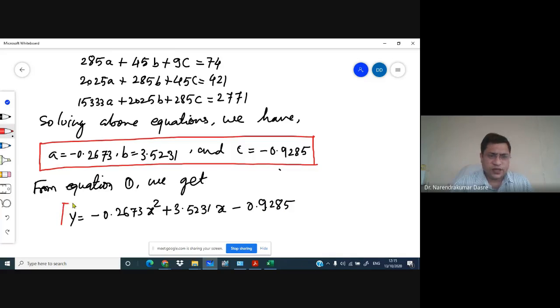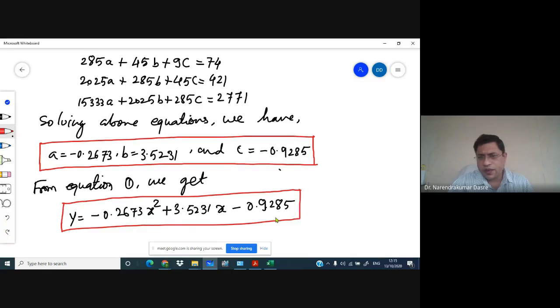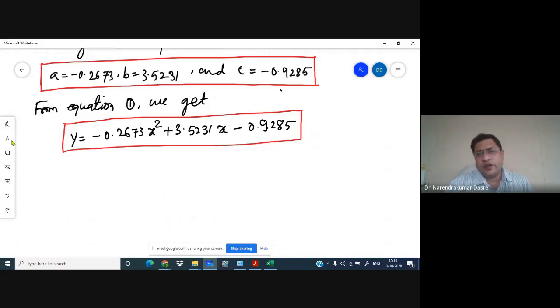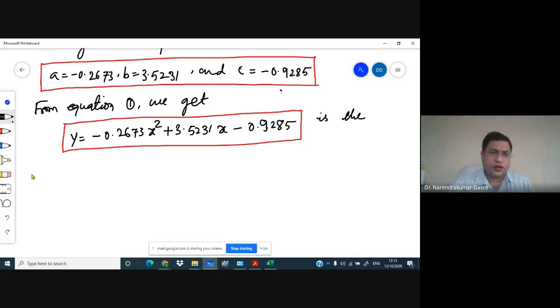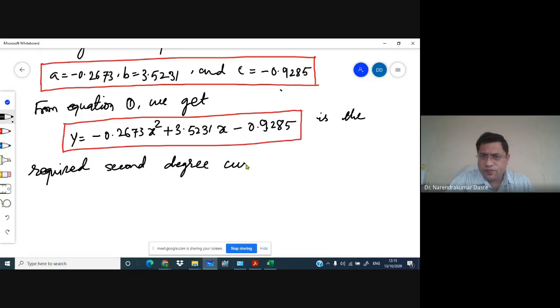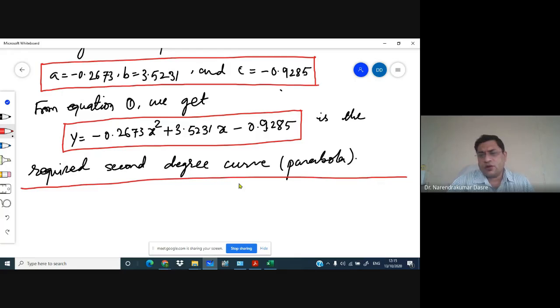This is the equation of the parabola, the required second degree curve that we wanted to find.